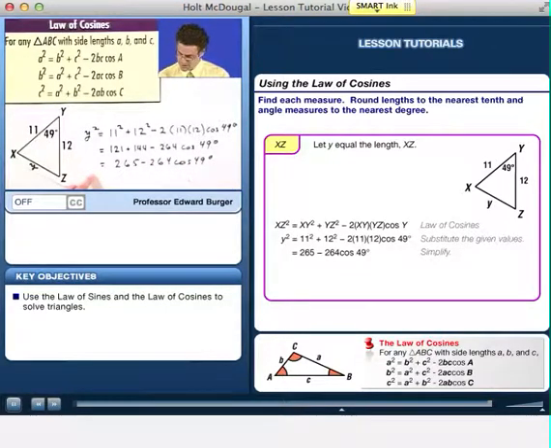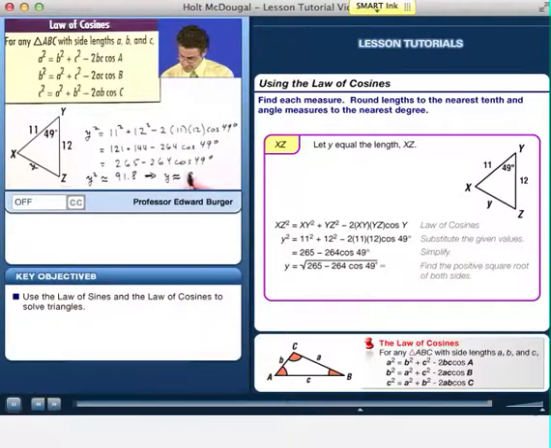And now I'm going to actually sort of punt here and say, okay, let's now just approximate this on a calculator. I see 91.8. That's the y squared, and so I take square roots, and this is a length, so it's the positive square root. So if I take the square root, hit the square root key, I'd see, if I round, approximately 9.6. So this length is 9.6, and I was able to find that using the law of cosines.